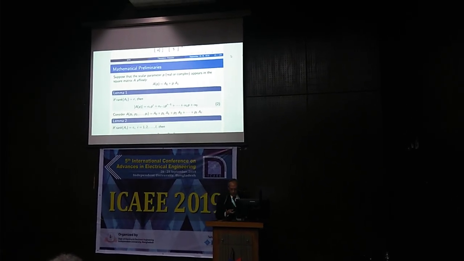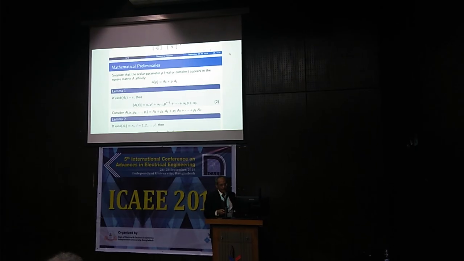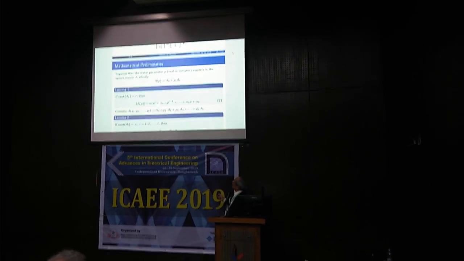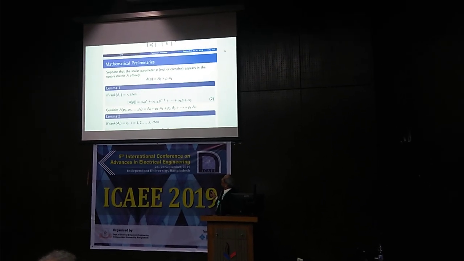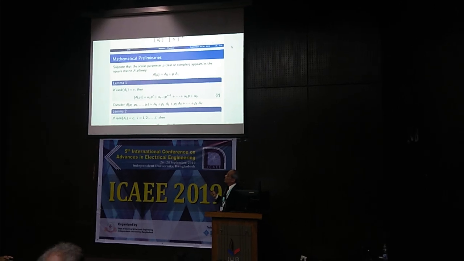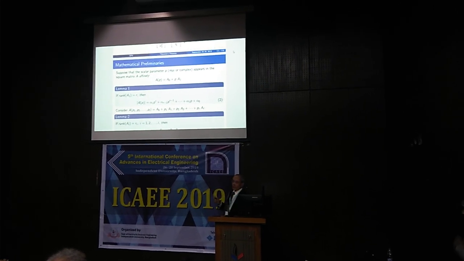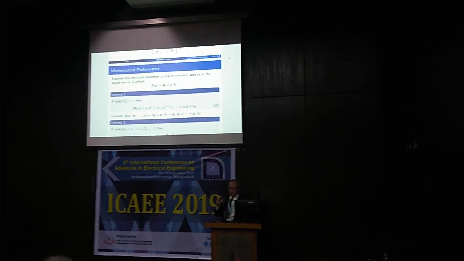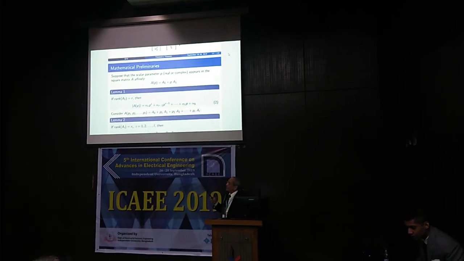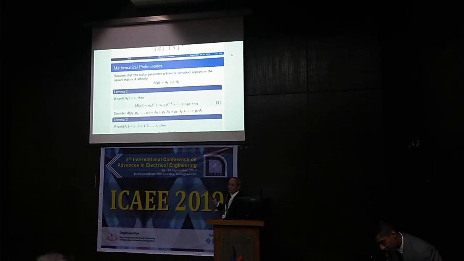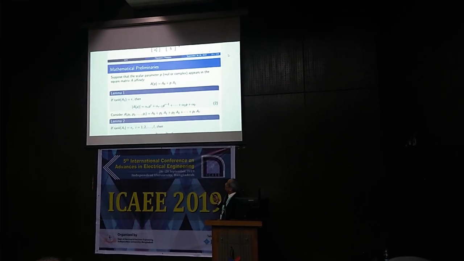So here is a little, again, starting from very simple things. Let's say we have a matrix depending on one parameter P, and the coefficient matrix of that parameter is A1. Right?